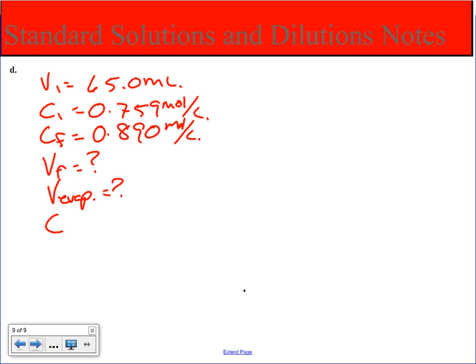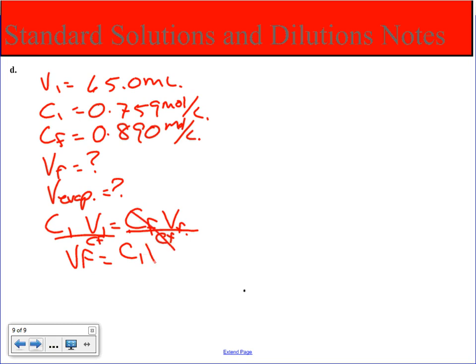So concentration initial times volume initial is equal to concentration final times volume final. My volume final is concentration initial times volume initial, all divided by concentration final.